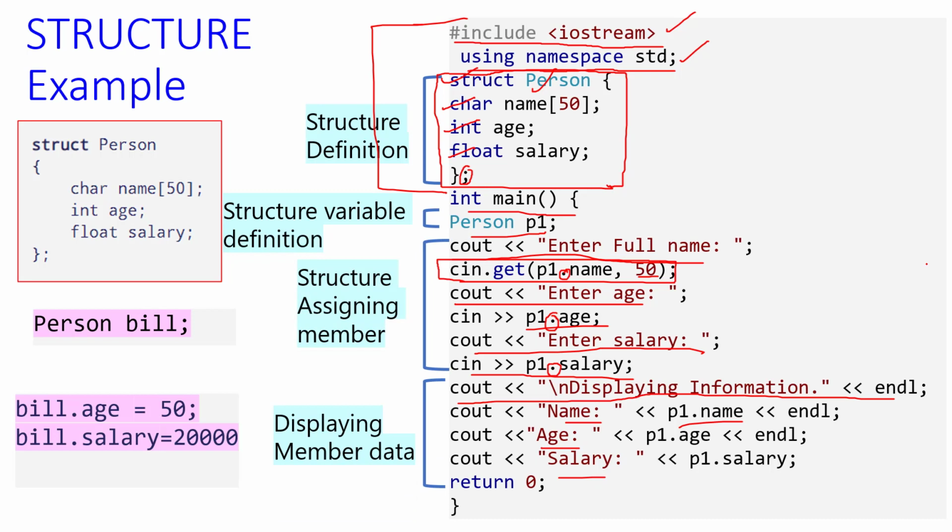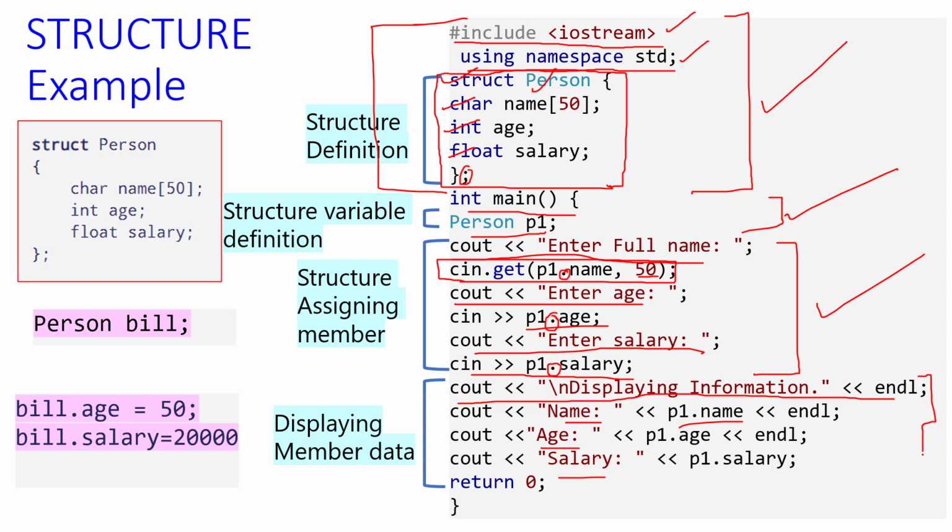So when you divide this entire program, the structure definition was done in the initial stage. Then the structure variable definition was done in p1. Structure assigning members, that is giving the values, was done in the third stage, and the displaying of the member data was done in the last stage.